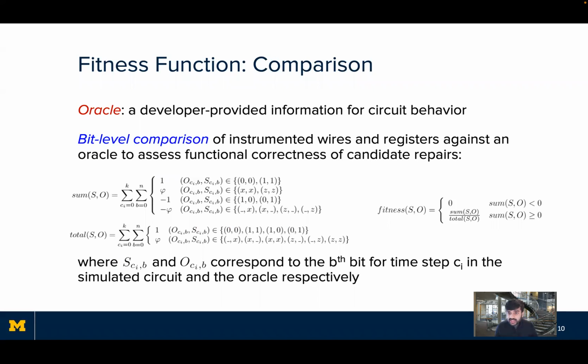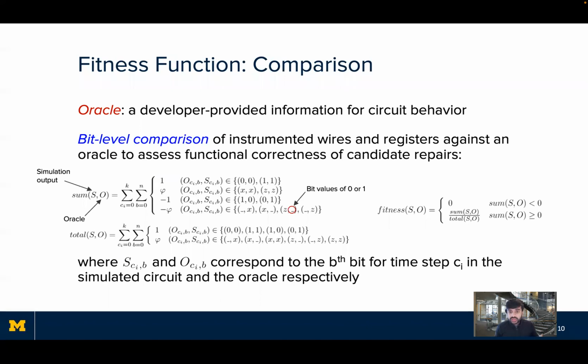The formula takes as input the simulation output and the oracle. It then sums over all k time steps during a simulation, and for each time step, it loops over all of the n output bits for that time step. For every bit match, it adds 1 to the fitness score. For every such mismatch, it takes away 1 from the fitness score. And then we also have an additional weight of phi associated with bit matches or mismatches for Verilog values of x or z, which indicate uninitialized and high impedance respectively.